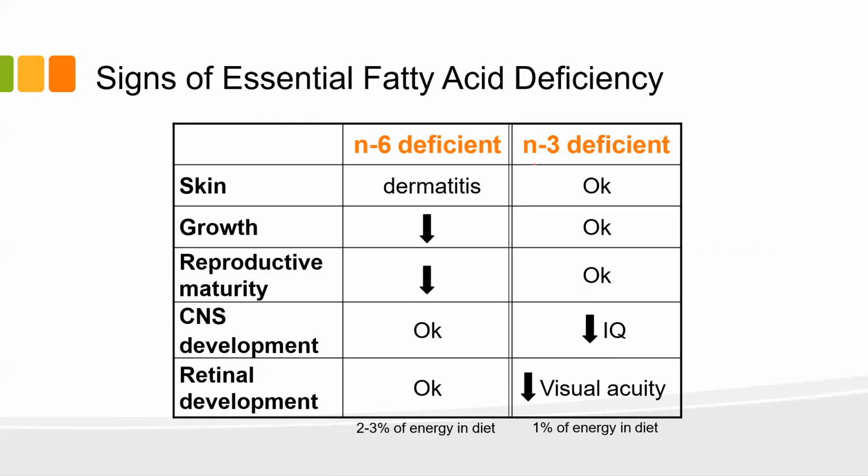This is a little chart I found talking about that. We mentioned some of these things already: brain development right here, and of course, overall growth and development in children. It's really important that children get healthy diets.